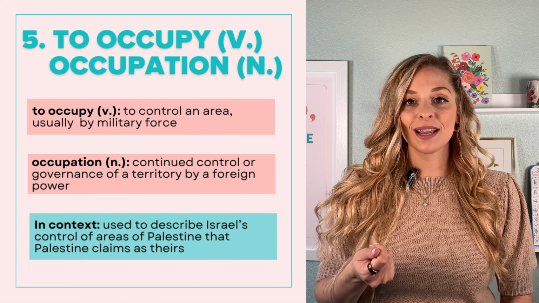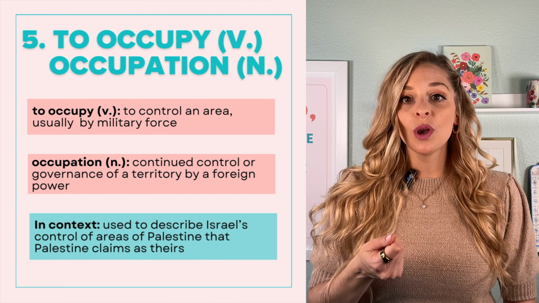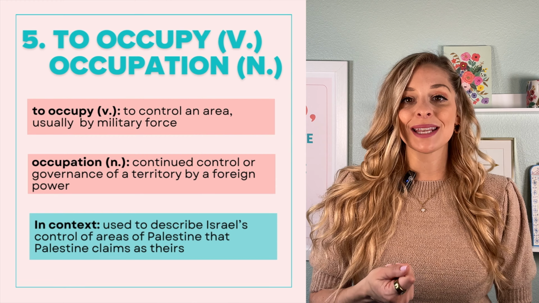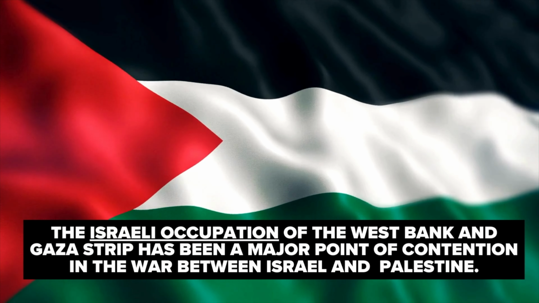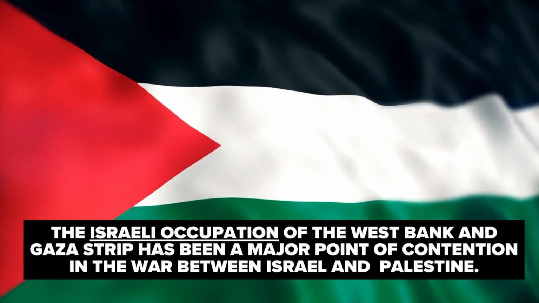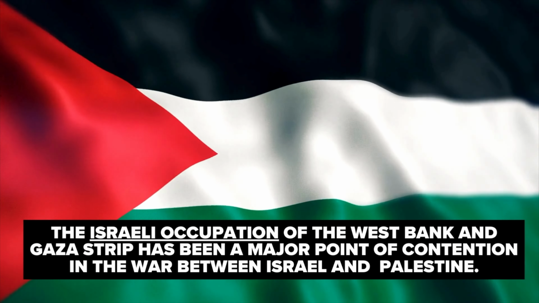So in this context, these words are used to describe Israel's control over areas of Palestine that Palestine claims as theirs. So you will often hear Israeli occupation or Israel is occupying parts of Palestine. So in a sentence you might see, the Israeli occupation of the West Bank and Gaza Strip has been a major point of contention in the war between Israel and Palestine.